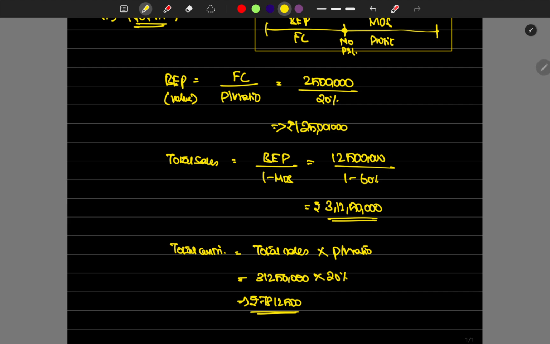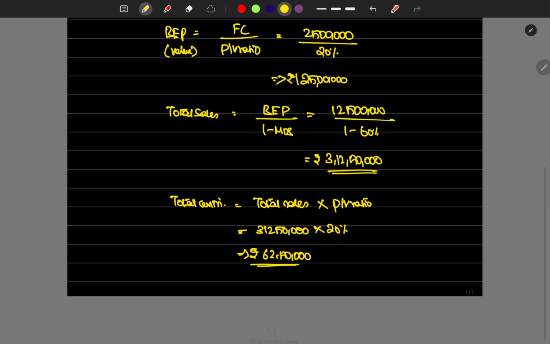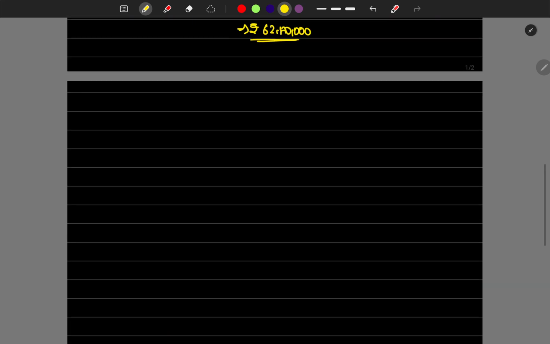Sorry, this is actually 62 lakh 50,000, right guys? 62 lakh 50,000, calculation mistake.